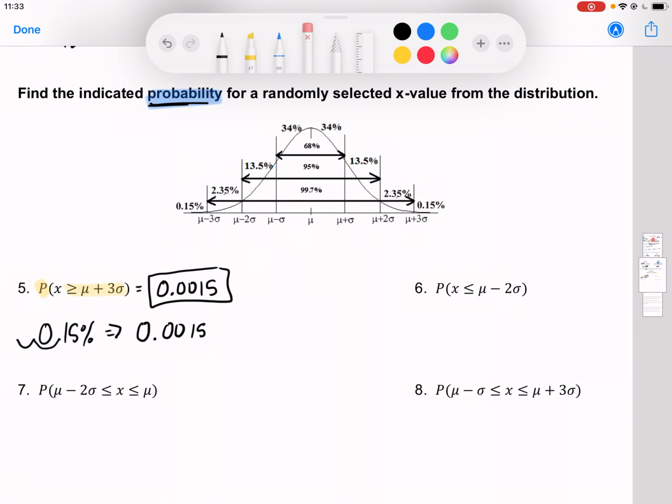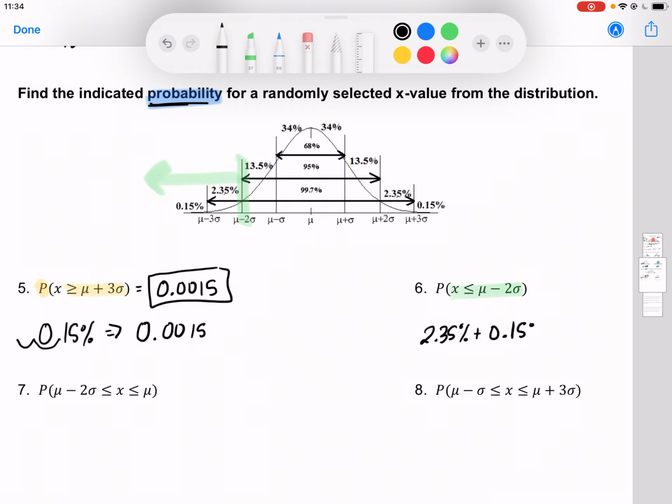Number 6, let's erase that. So number 6, we want the probability that x is less than or equal to mu minus 2 times sigma, or the mean minus 2 times the standard deviation. So we're going right here. So I'm going to do the percents first, and then I'll convert it.